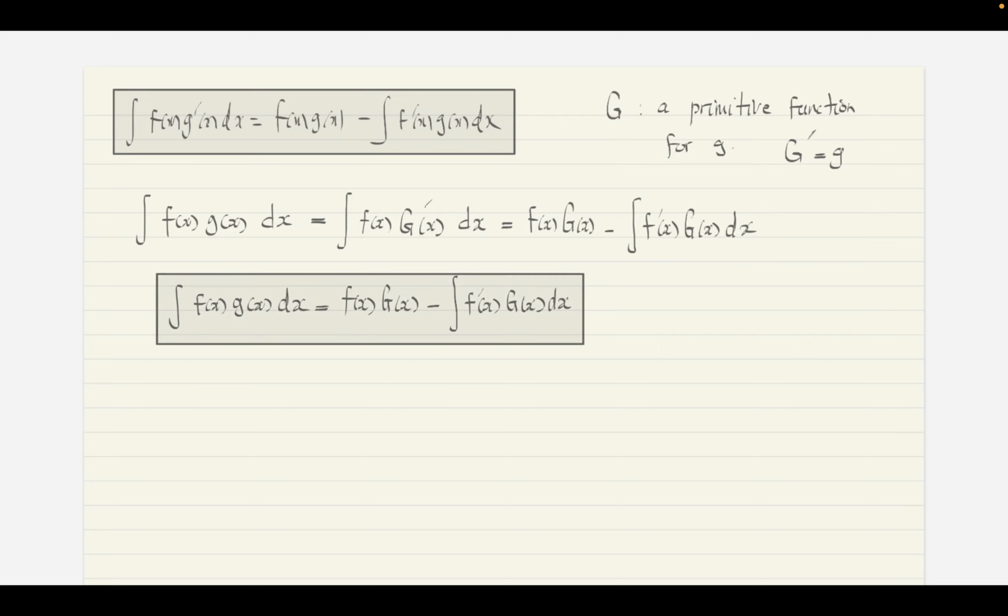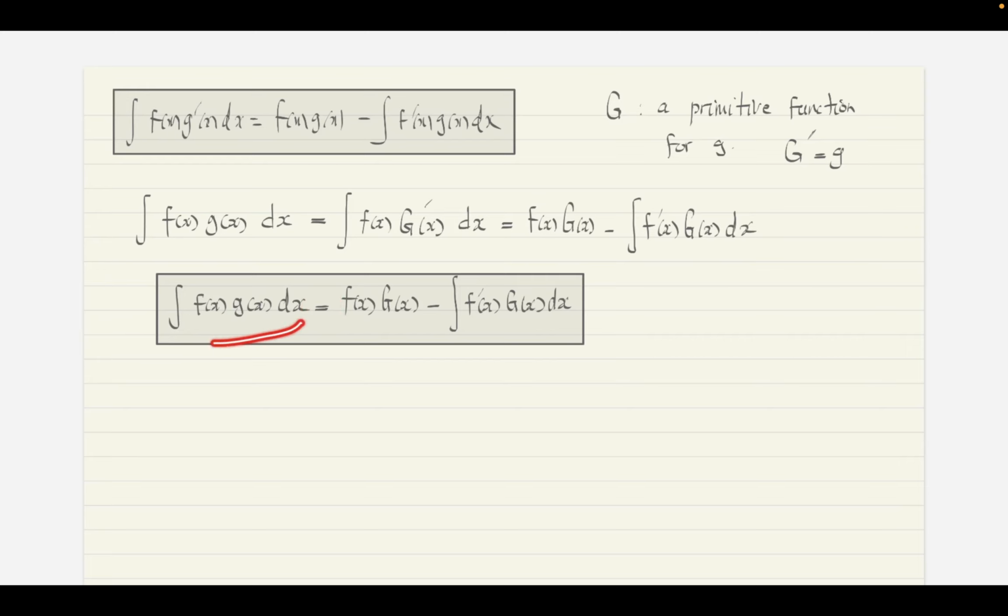Okay, and I just want to mention something from the beginning. This is not a formula that calculates my integral directly. What it does, it actually reduces the integral that I am interested in calculation to another integral. So this equality is always true, but it is not always useful.